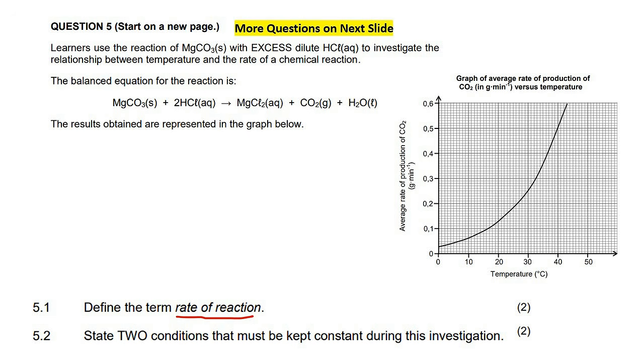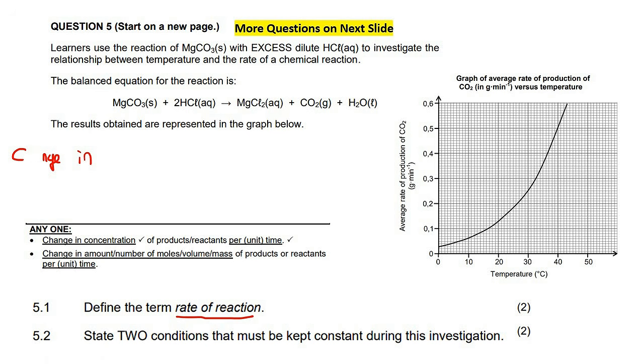So what you should say is the following. It is the change in... So I thought instead of writing it out, let me just show you. They said you can choose any one. The first one is you could say change in concentration of products, or change in concentration of reactants per unit time, or just per time.